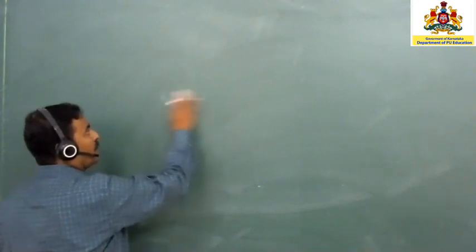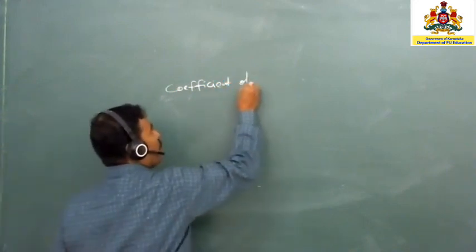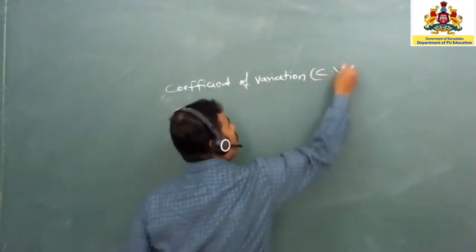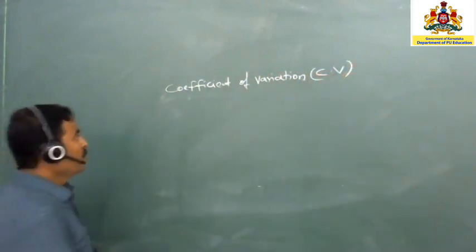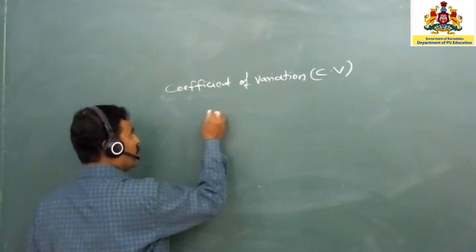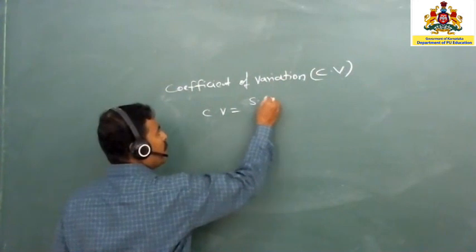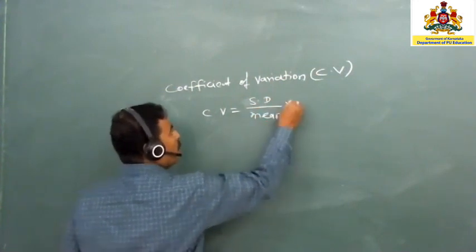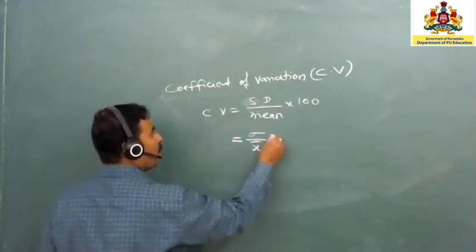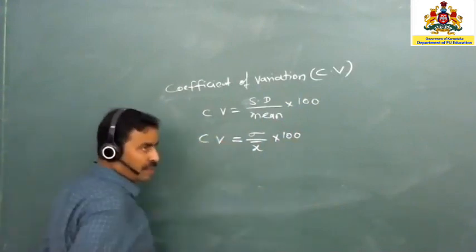CV equals standard deviation by mean into 100, that is, sigma by x bar into 100. If two data sets are given, you will always get one answer in percentage.